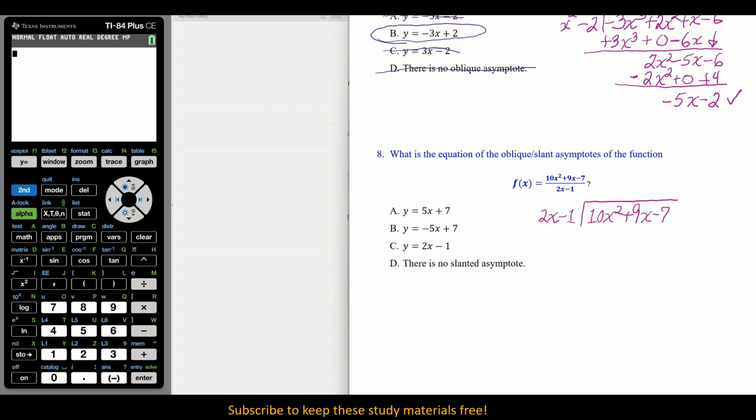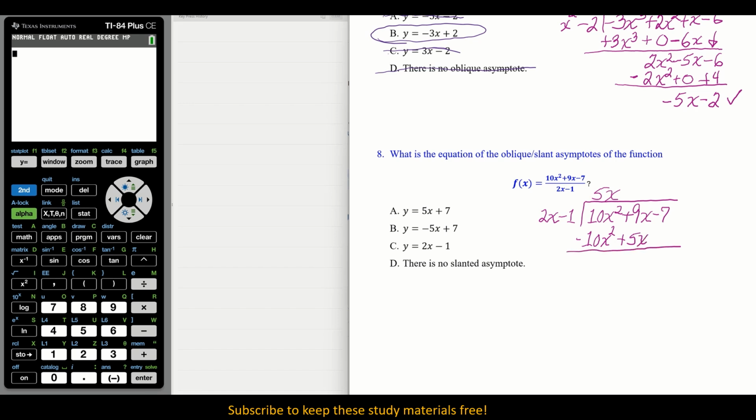Okay, the first term is 10x squared. So what do we need? We need 5x to multiply to get that. So that means we have a minus 10x squared and a negative 1 times a 5x. Well, that's a negative 5x, but we're subtracting, so we make that a plus 5x.